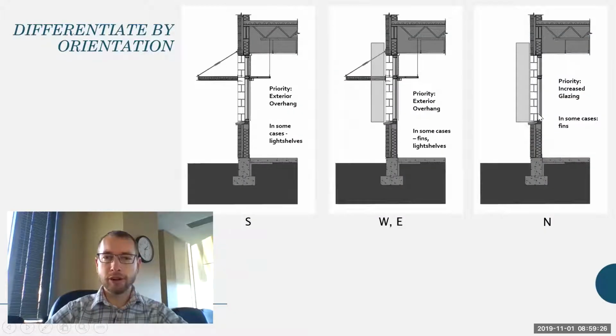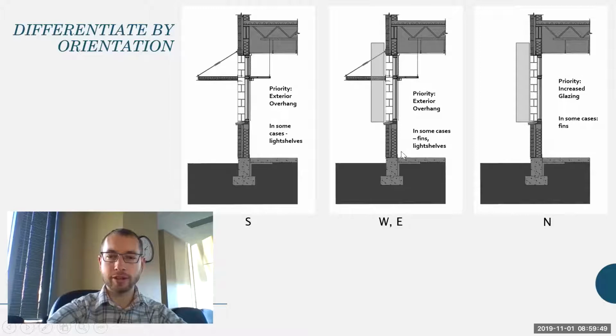And you want to really separate those out depending on the facade of the building. For south windows, you really want to prioritize that exterior overhang, right? Because otherwise you're going to get that setting sun, and it's going to be particularly hot in the summer with that direct solar penetration. Sometimes adding light shelves can be great.